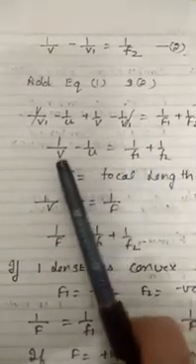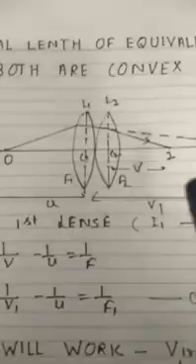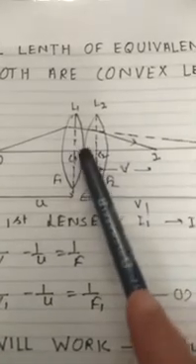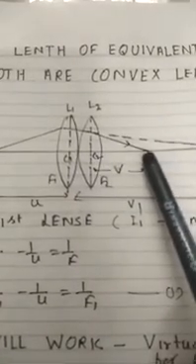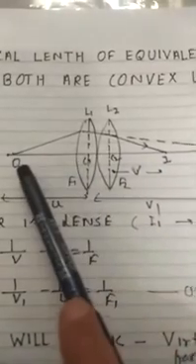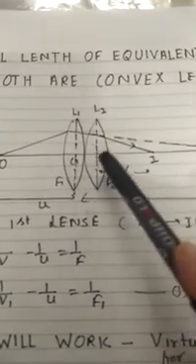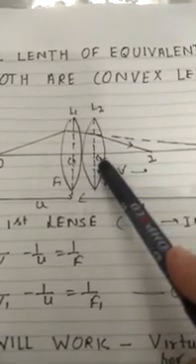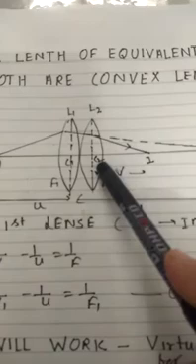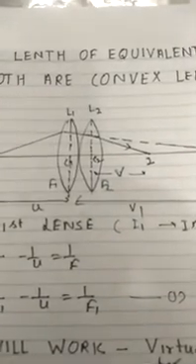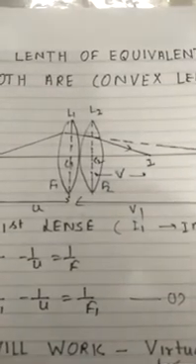Now students, what are V and U? V is the distance of the final image from the combination and U is the distance of the object. So naturally, if both the lenses combined make a lens having focal length capital F, then F is the focal length of the combination.